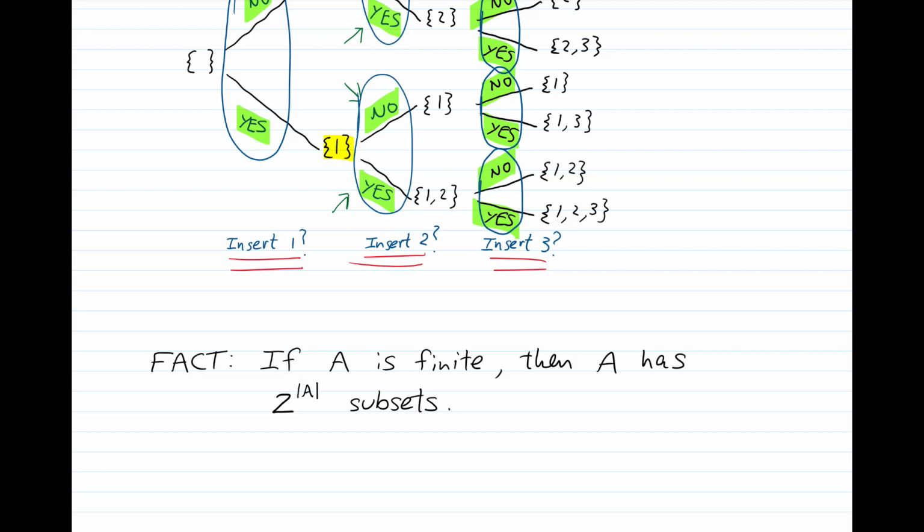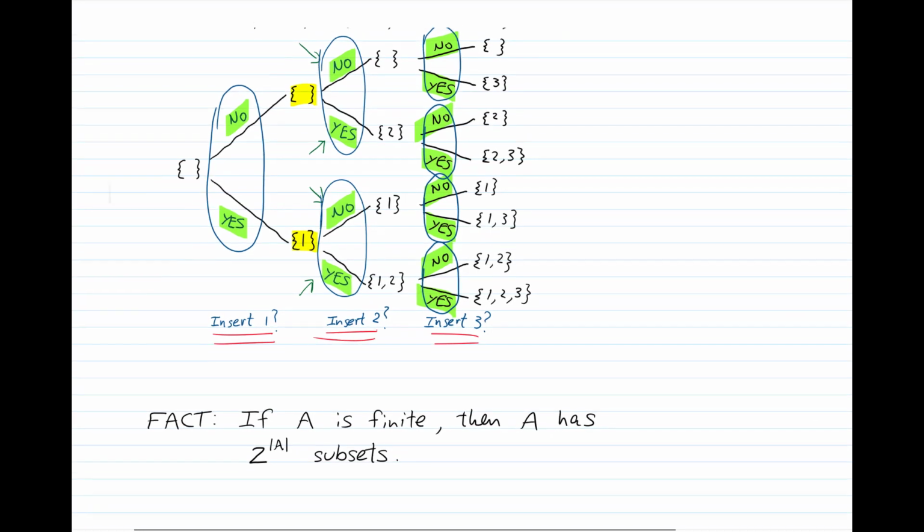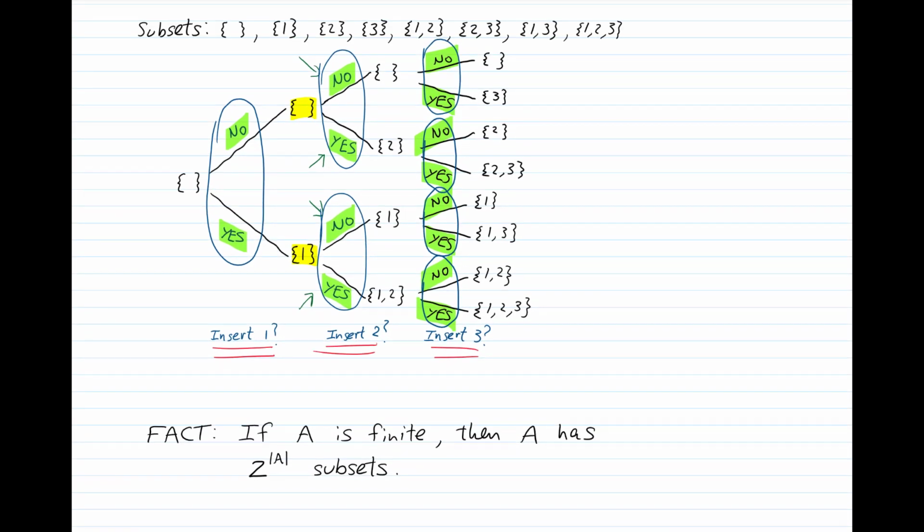The cardinality of A. If A is finite, then A has 2 to the cardinality of A subsets, because of that idea that I just showed you with that tree diagram. You can find all of the subsets by starting with the empty set and then doubling the number of sets one time for each element of A. And so you get 2 to the power of however many elements are in A. Okay?